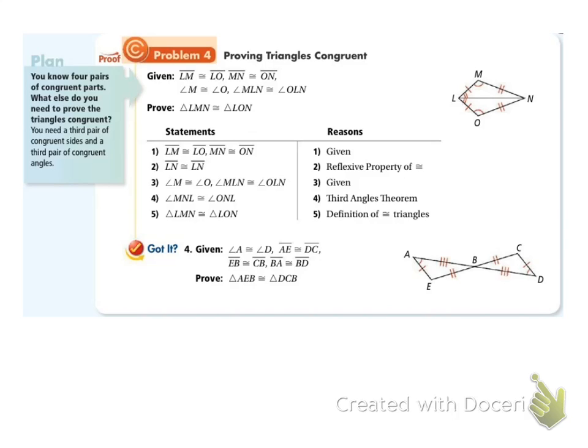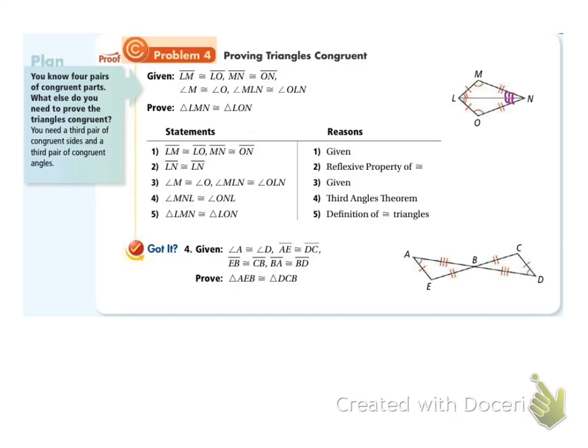So then I can use the third angles theorem to say that angle MNL is congruent to angle ONL. And then I could say that the triangles are congruent by the definition of congruent triangles. Remember, our definition says that all the sides are congruent and all the angles are congruent.